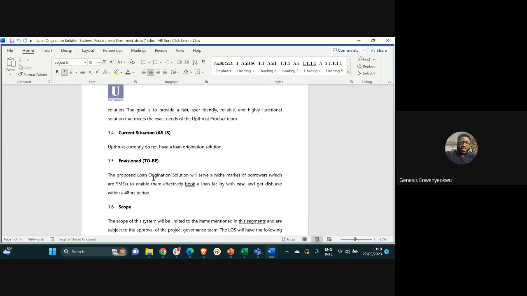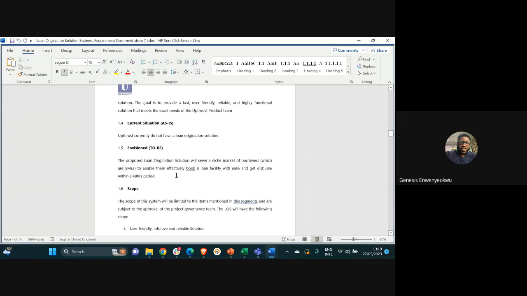But in a situation whereby maybe you are trying to build a loan origination solution for maybe a microfinance bank, which at the moment issues loan facility to their customers, but they want a technological angle to it. They need an automation to it. So in that scenario, you will capture their current loan process in this section, which is the current situation. Now, 1.5, we talk about the envision, which is the LOS that we want to build.